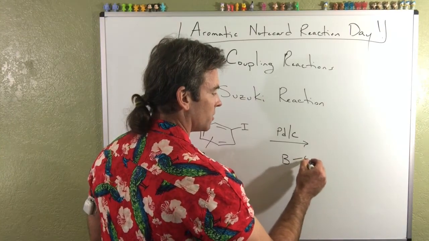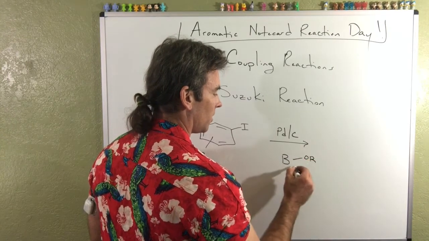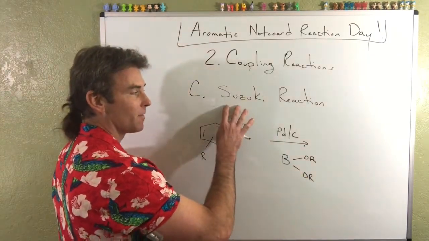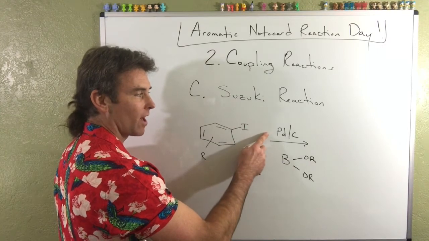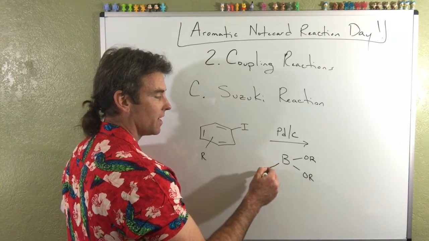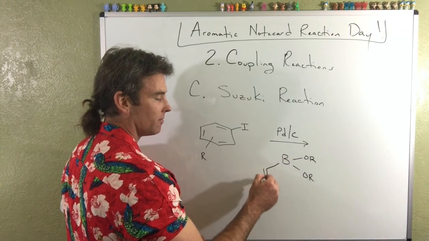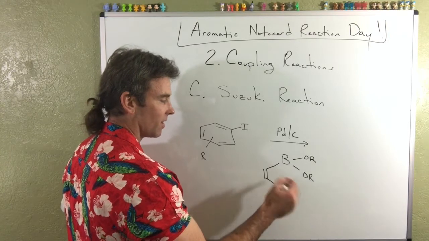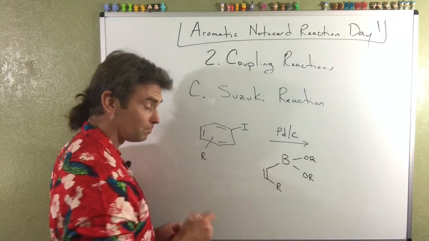And I'm going to create what's called a borate ester. And so you can identify a Suzuki pretty quickly, because you'll now have a palladium with a little bit of boron, and attached to this boron is some sort of interesting vinylic or aromatic species. Let's just write it like that.